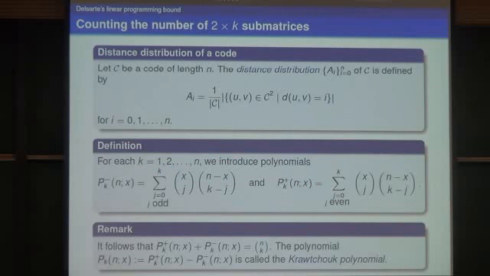This is not very new, but it's convenient in our proof. The sum of P plus and P minus is the Krawtchouk polynomial, so P minus is the negative part for the odd case, and this is the positive part.